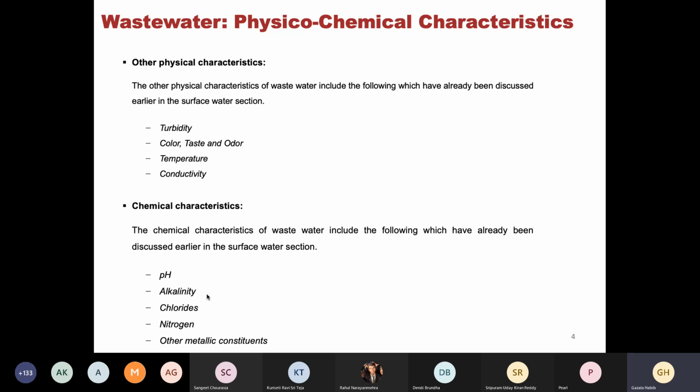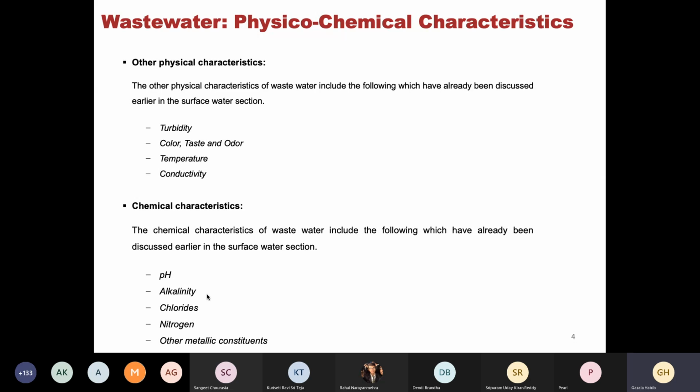Then there is another form, albuminoid nitrogen. Albuminoid nitrogen is actually organic nitrogen, and it indicates that sewage is a little old and the nitrogen is present in the form of organic matter, but the decomposition has not started. It has not decomposed.